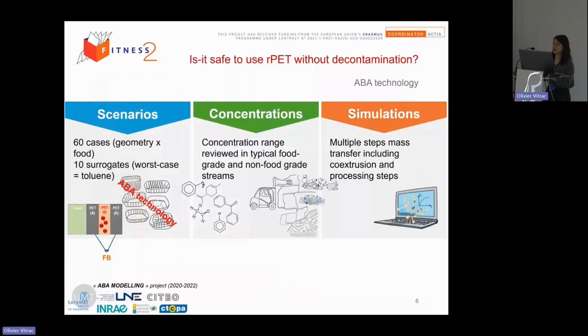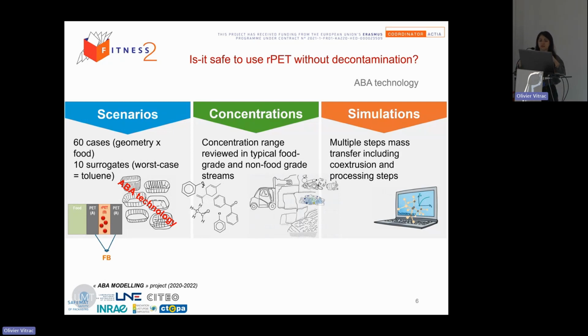Here I would like to show you an almost famous application of functional barriers: ABA technology. Here the ABA technology is applied to recycled PET, polyethylene terephthalate. The rPET is not decontaminated, or decontaminated using a non-approved process.